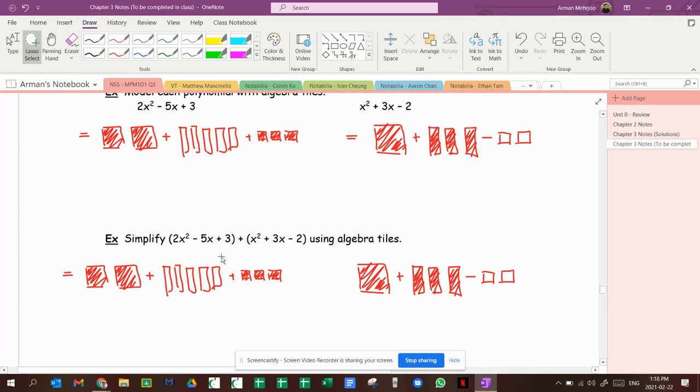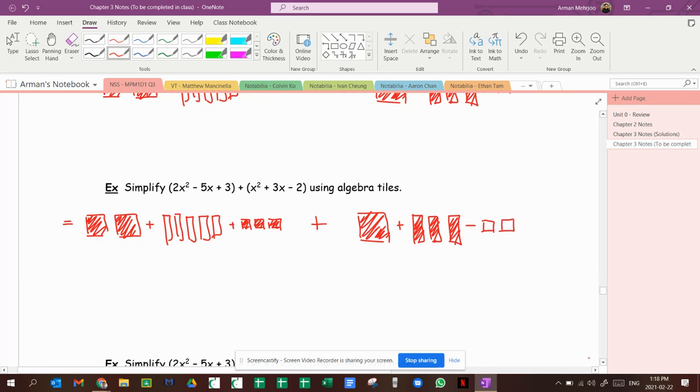And I'll say that it's this first set of algebra tiles plus this second set of algebra tiles. And then I can go ahead and group like terms. So I'll group up all of my x squareds. And then I have plus 3 positive x's.